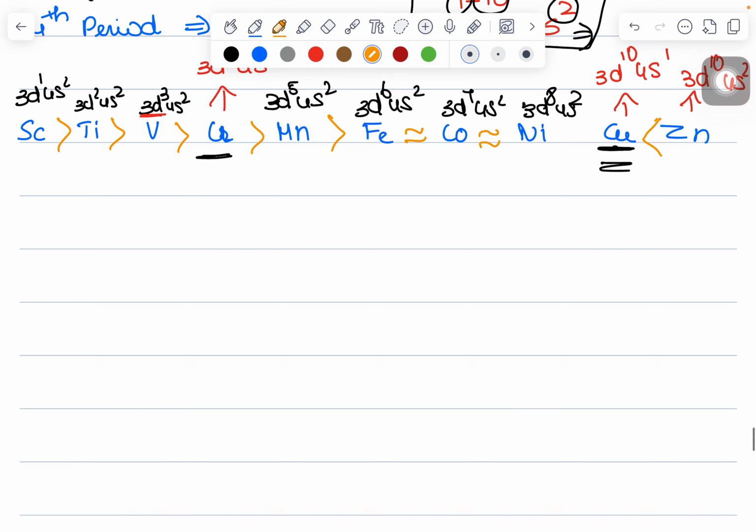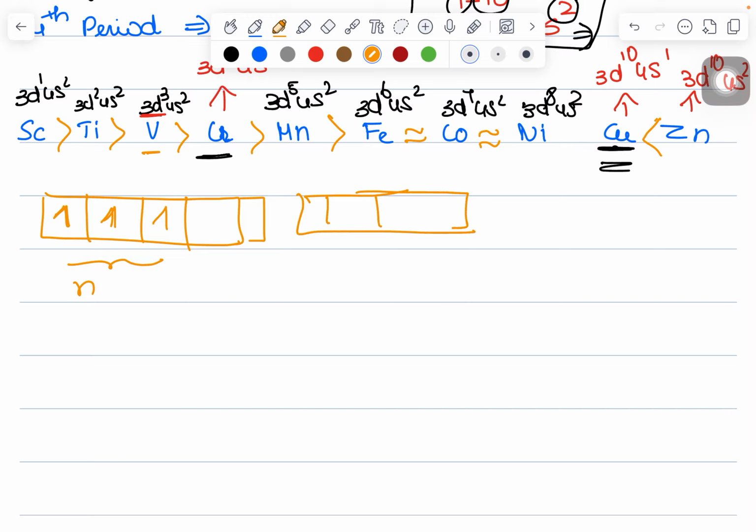Let's see how. From scandium to manganese, if you see the orbitals in the electronic configuration, it is 3d1 for scandium, 3d2 for titanium, 3d3 for vanadium. If you see, no pairing takes place, and till 3d5 there is no pairing. As there is no pairing, the effective nuclear charge increases and size decreases.